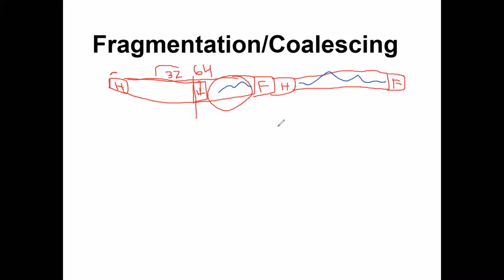So in theory, together they could account for a bigger Malloc call. So what coalescing does is it goes through the free list, sees if any two free blocks are adjacent, and if they are, you just combine them together.